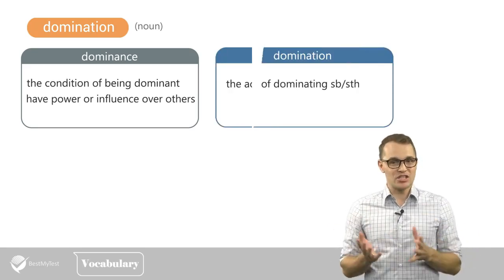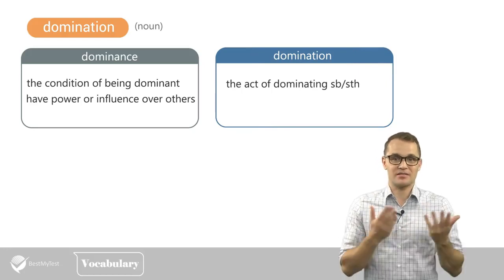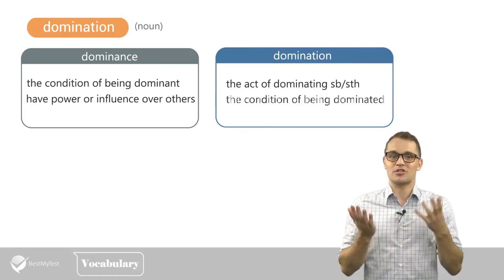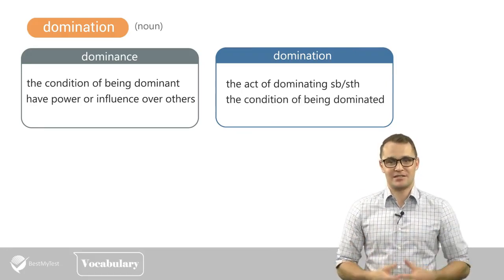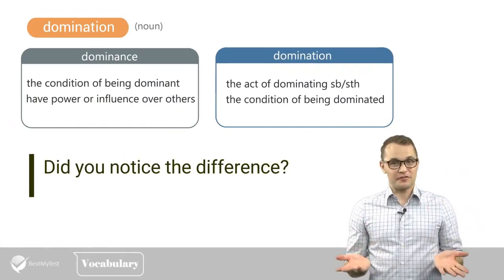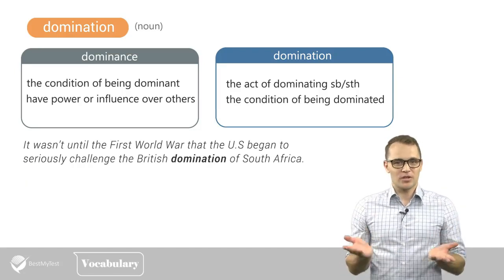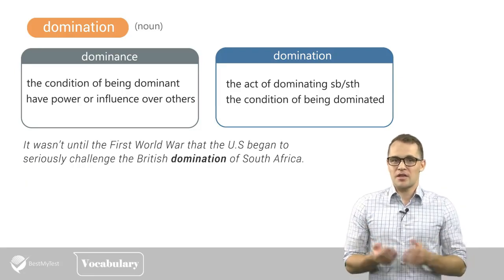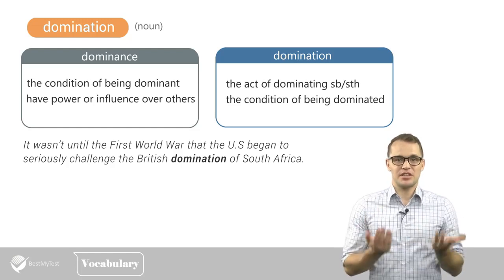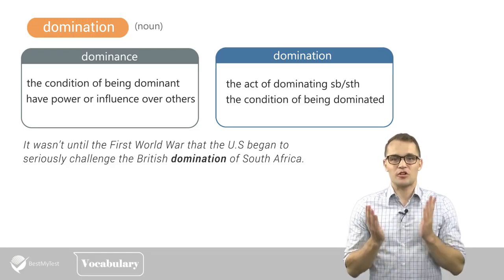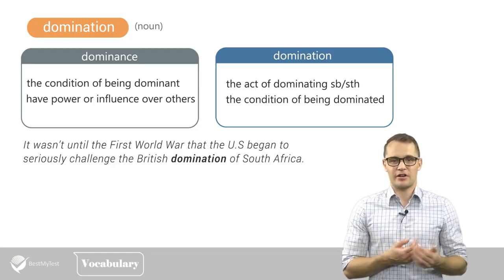The noun domination is the act of dominating someone or something, or the condition of being dominated. Did you notice the difference? Let's look at some examples using domination. It wasn't until the First World War that the US began to seriously challenge the British domination of South Africa.